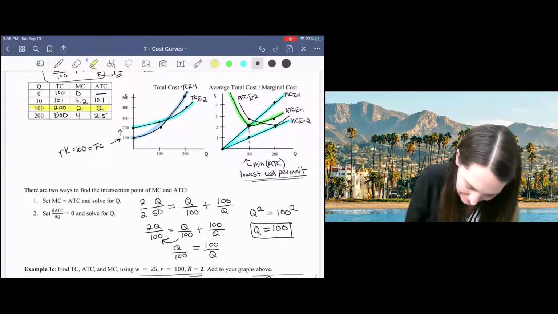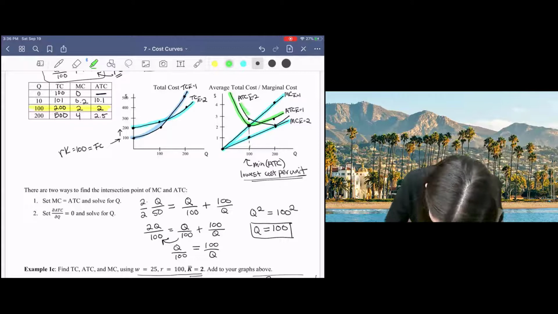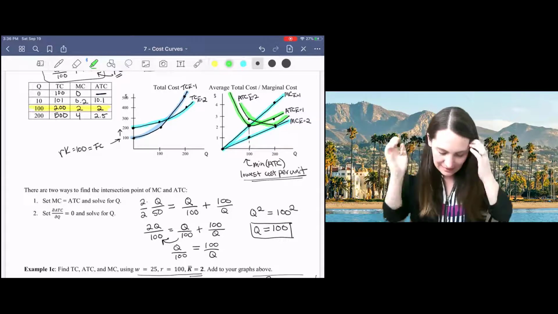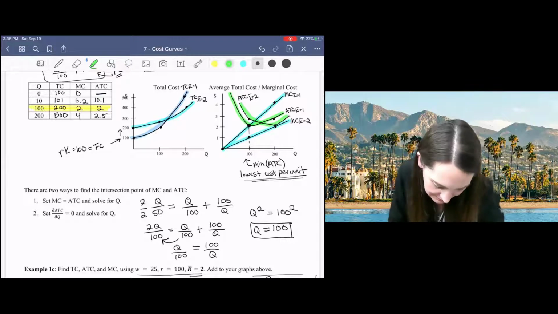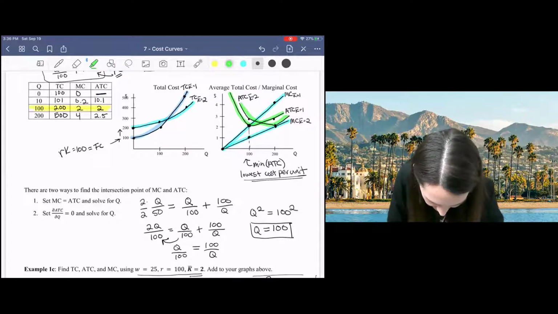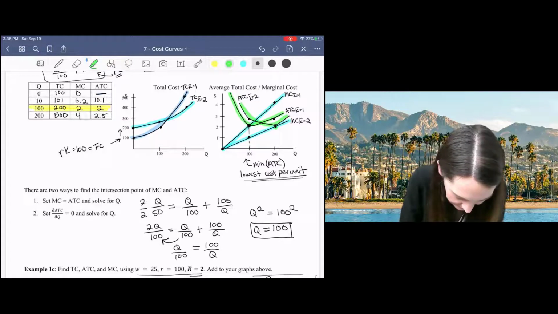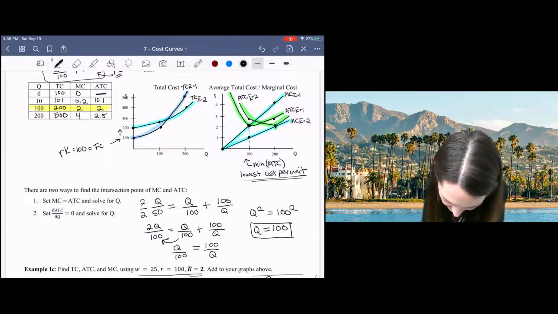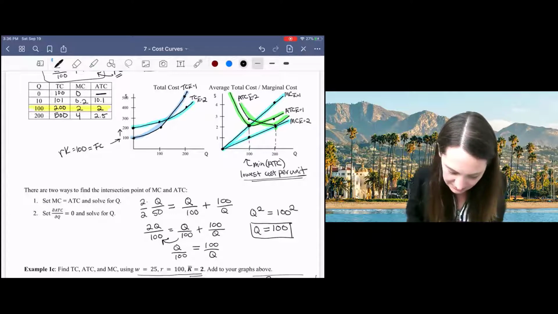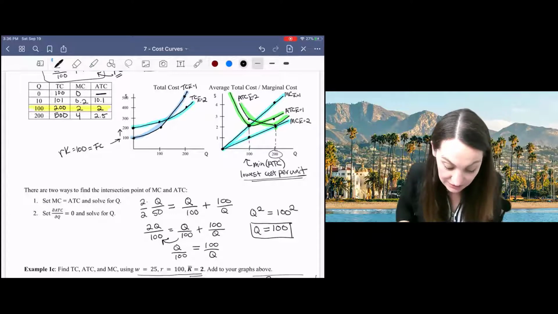Okay, all right, let's make it green. And again, you can see here that the two curves intersect at the minimum, and in this case, the minimum average total cost is at a quantity of 200.